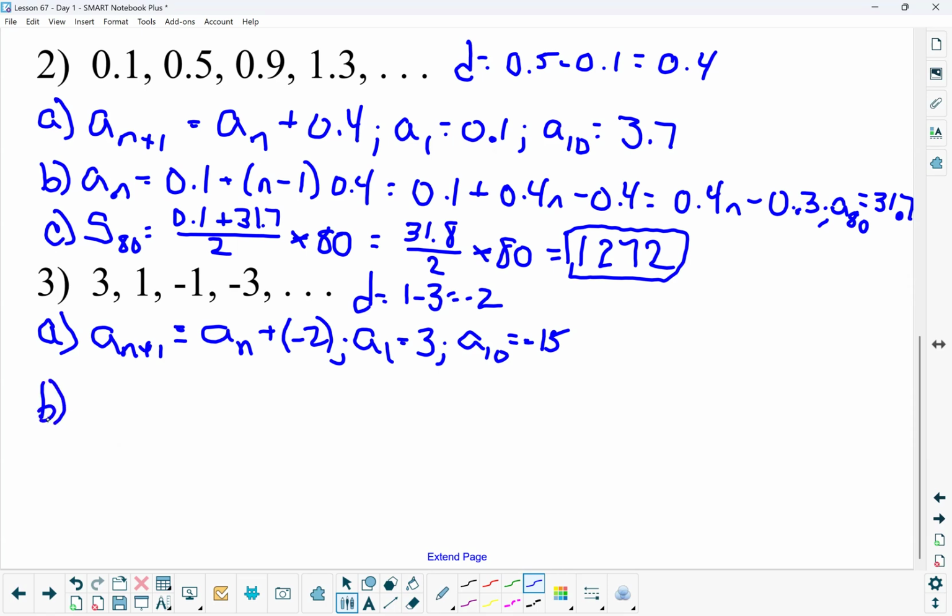Moving to the explicit definition, a sub n is equal to my first term plus n minus 1 times my common difference, negative 2. Again, rewriting, distributing the negative 2, we would get negative 2n plus 5.